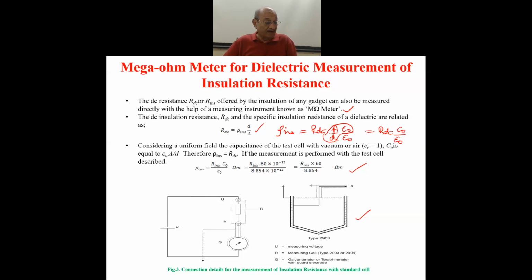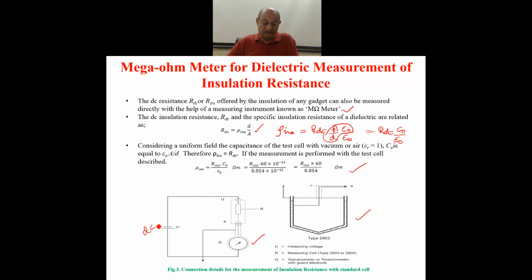So this is how, the only precaution to be taken here is this. This is the instrument, the mega ohm meter, which is measuring, and DC voltage is being applied on the test object, where you can choose the voltage.